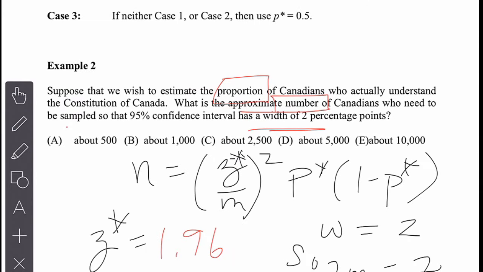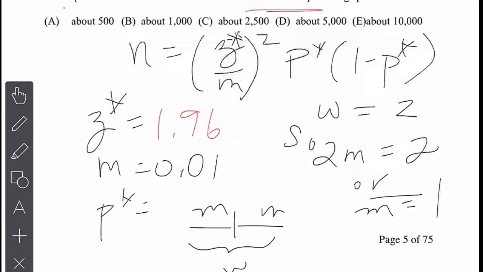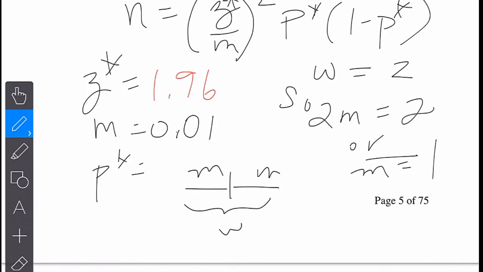There's nothing here about a previous study or a belief or anything about what P, the proportion of Canadians who understand the Constitution, actually is. So in this case, there's no prior information. I'm just going to use P of 0.5. So we're going to write 0.5.